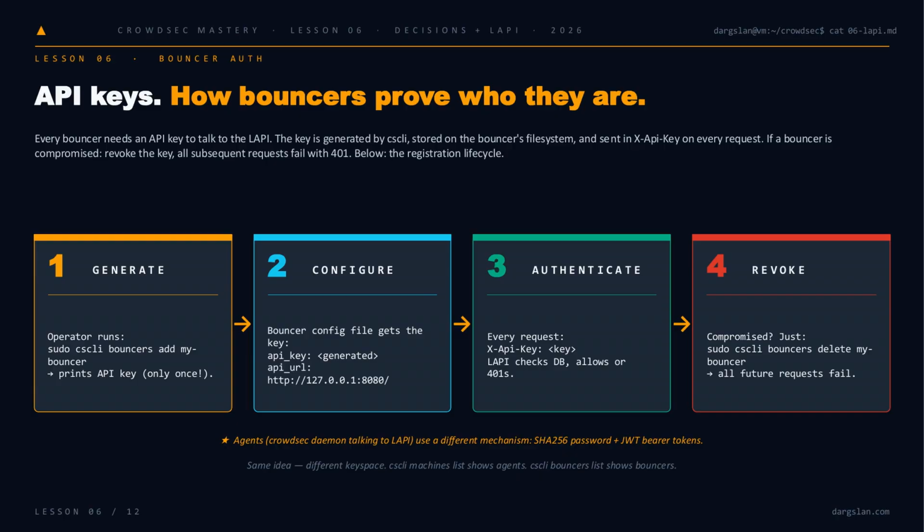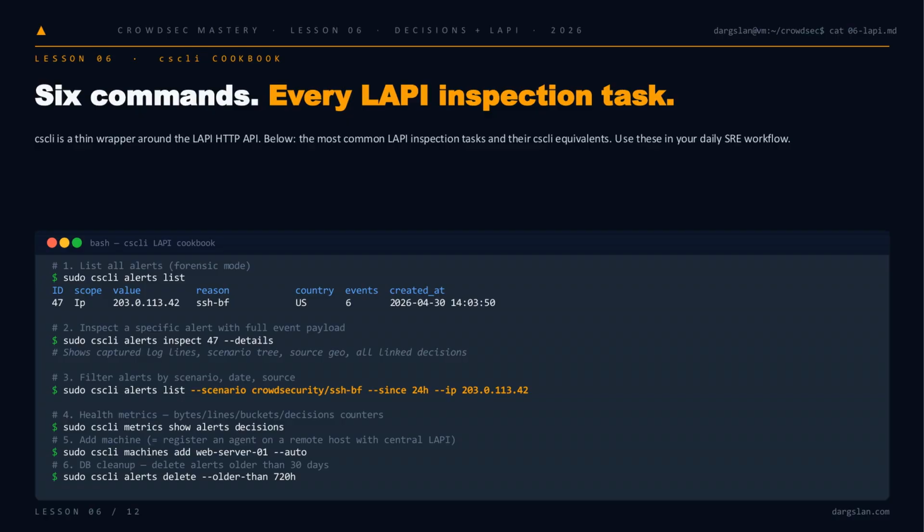One footnote. Agents use a completely different scheme, SHA-256 password plus JWT, which is why machines and bouncers show up in separate cscli lists.